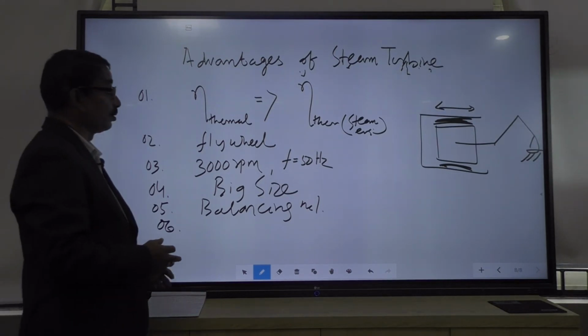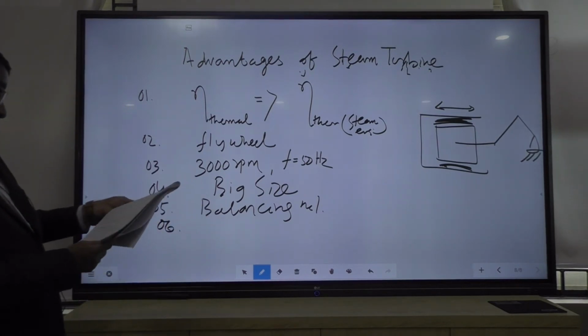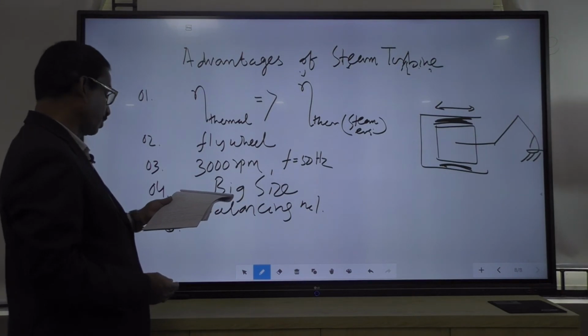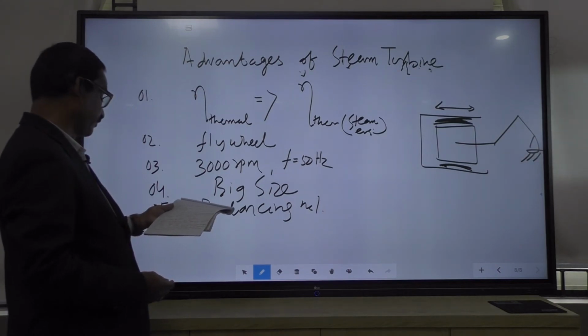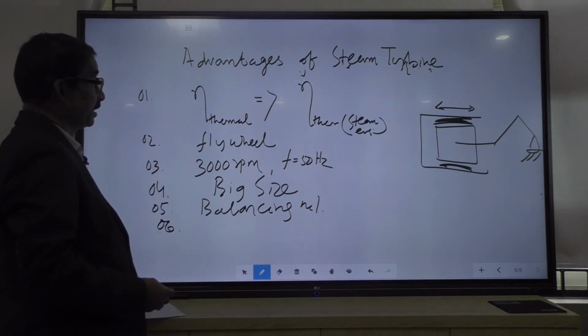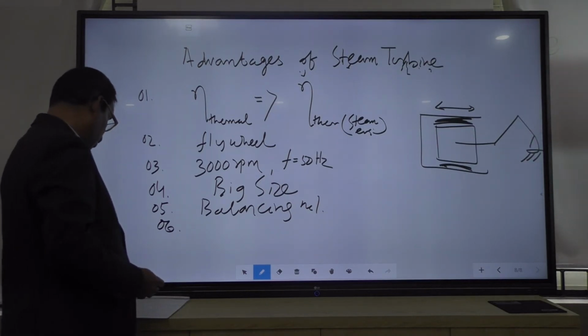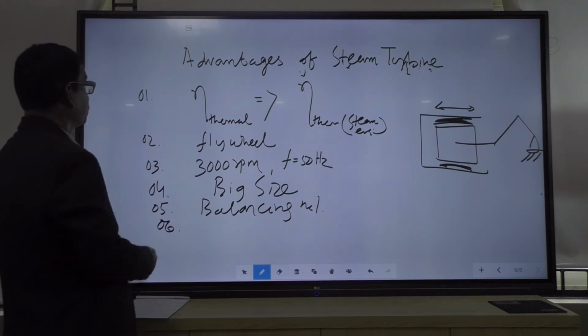Very low pressure can be maintained in the condenser. Number 9, the last one: considerable overloads can be carried at the cost of a slight reduction in overall efficiency. That means it can meet an overload with only a very small loss in efficiency. So these are the advantages.